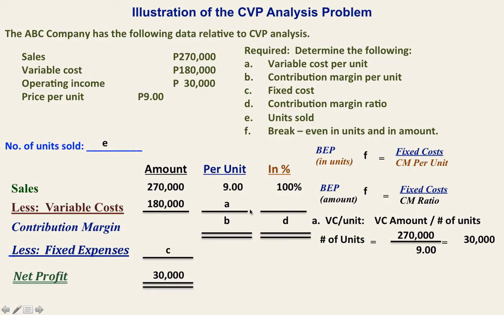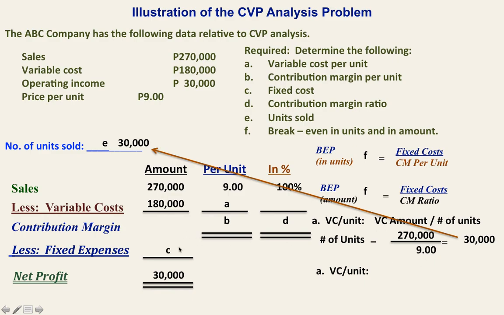That is the purpose, class, why we use the template, so we can look at the overall picture of the given items. So we know that the number of units is 30,000. Next, we can now compute the variable cost per unit because we already have the number of units.